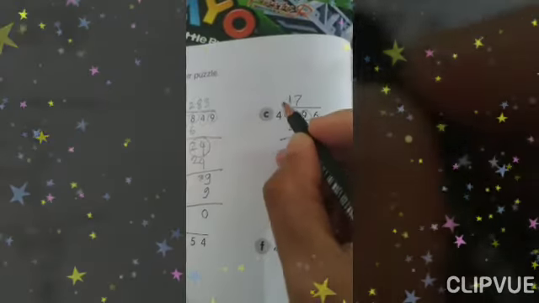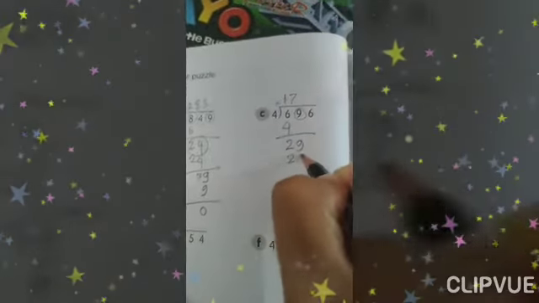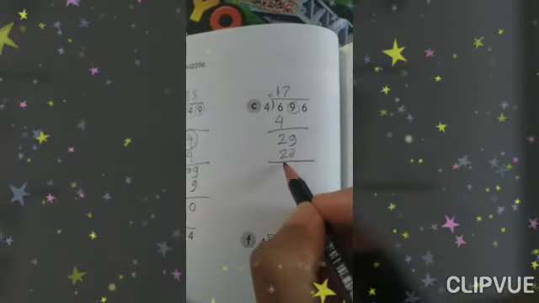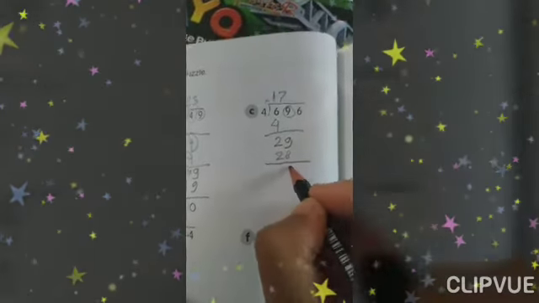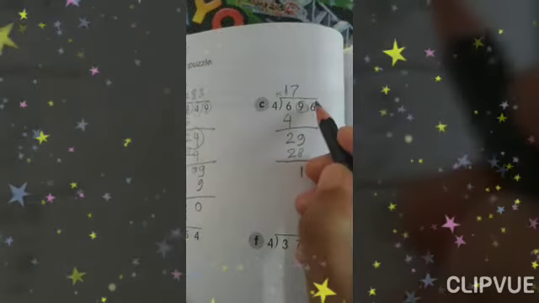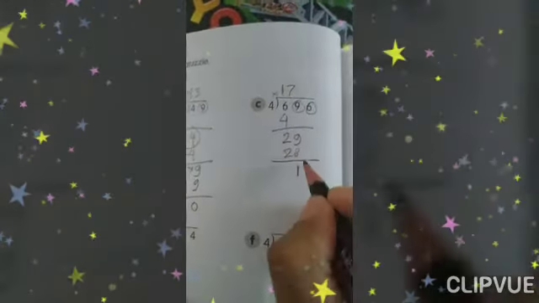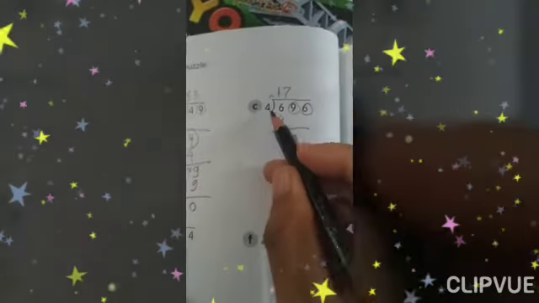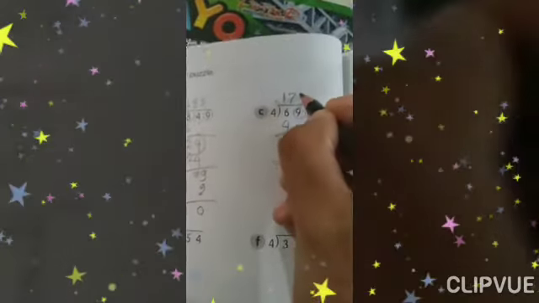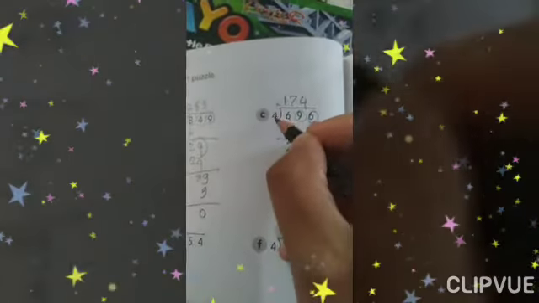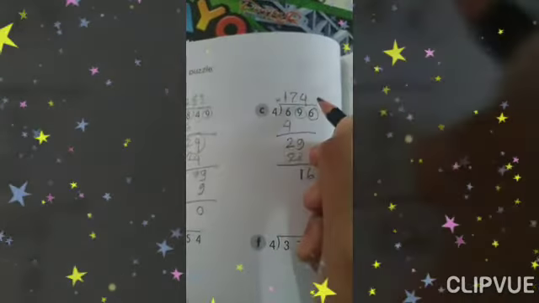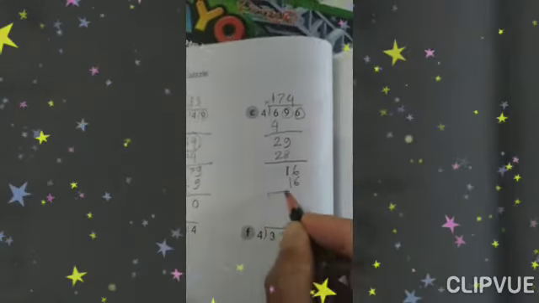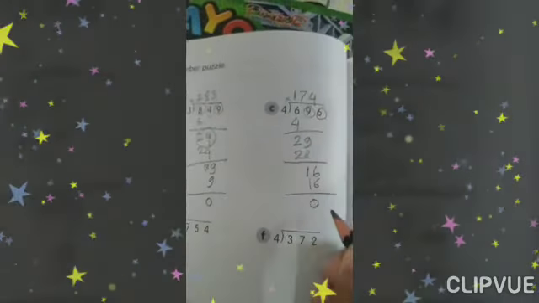We check 4 times 7 equals 28. Next, we subtract. 29 minus 28 equals 1. So we put 6 here. 16 divide 4 equals 4. We check together. 4 times 4 equals 16. 16 minus 16 is 0.